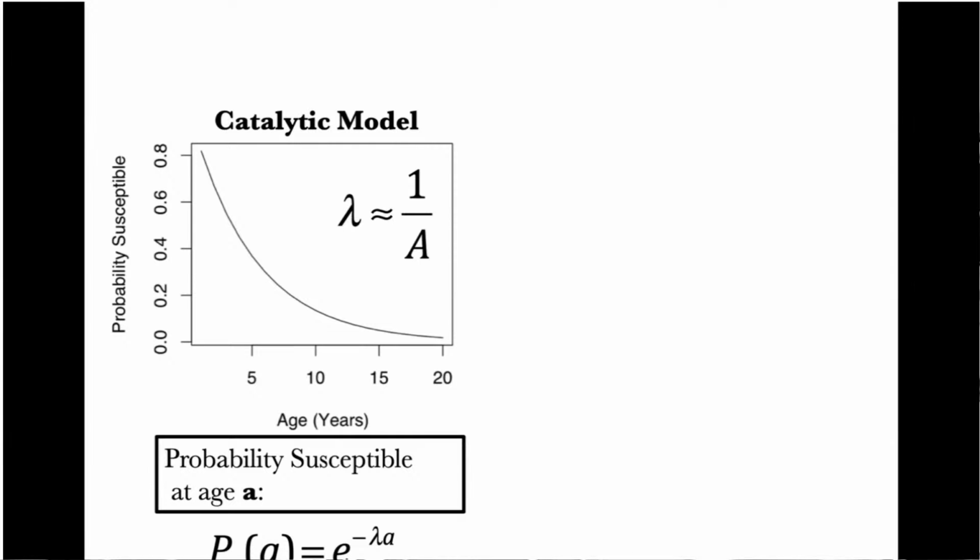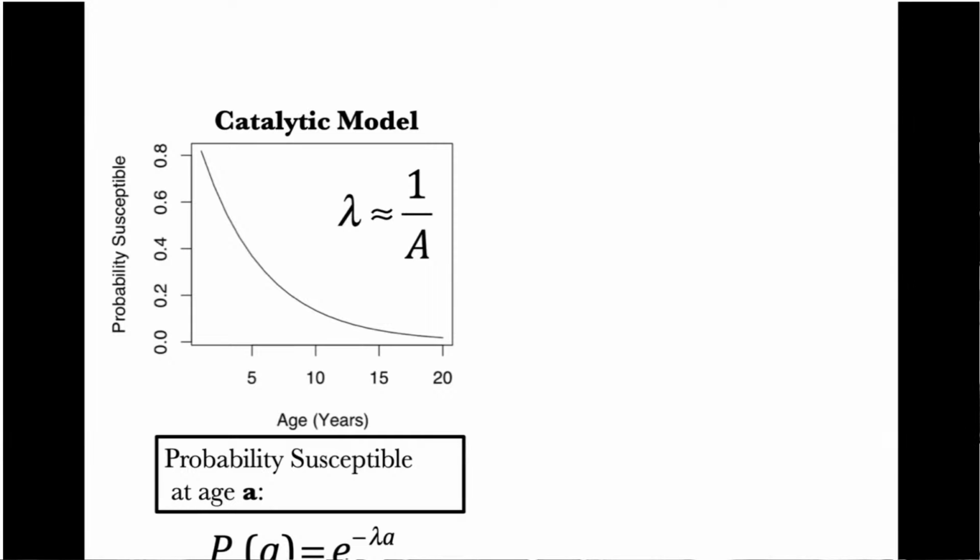Yeah, so you can also roughly estimate force of infection from catalytic models. If you can, for instance, have some serological surveys over time, but there's a link between also the force of infection and age at first infection.